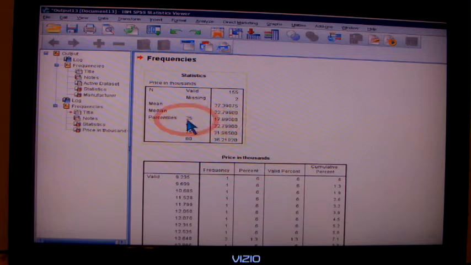The 25th percentile is 17.89000, 50th percentile, 22.7900, 75th percentile, 31.96500, and notice the one where we put in special, the 80th percentile, that's 36.21020. And down here in the table, price in thousands, there was one that was $9,235.